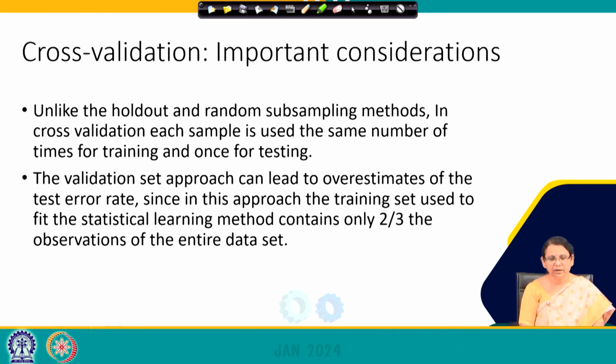The validation set approach can lead to an overestimate of the test error, since in this approach the training set is used to fit the statistical learning method using only 2/3 of the observations of the entire data set.